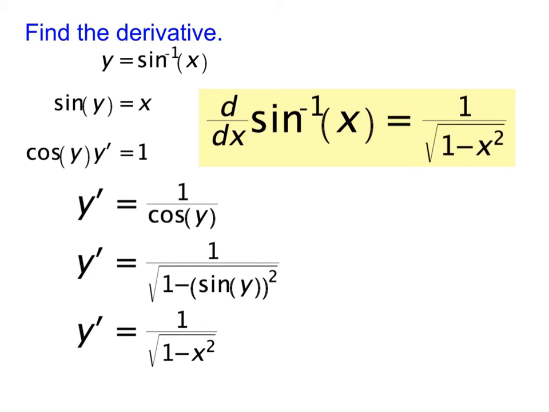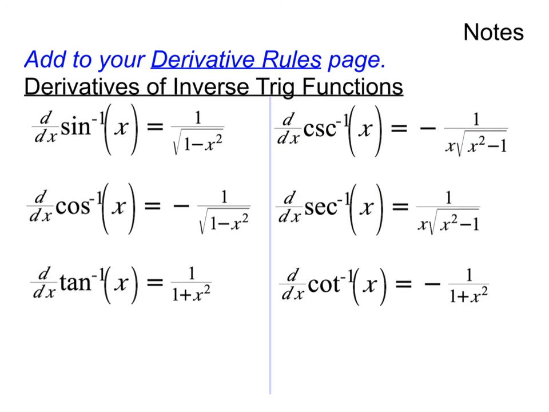We've now found the rule for inverse sine. In fact, we could proceed and do the exact same thing for all 5 other inverse trig functions. I'm not going to make us go through the derivation of all of those derivatives. Instead, I'm just going to tell you, go ahead and get out your derivatives notes and add all of our inverse trig derivatives to the derivative rules.